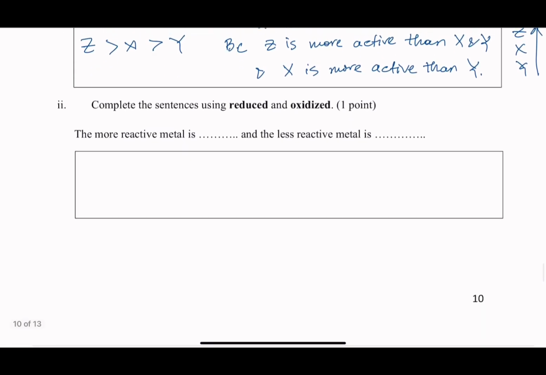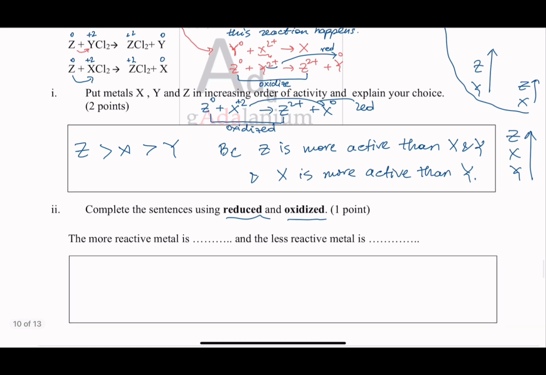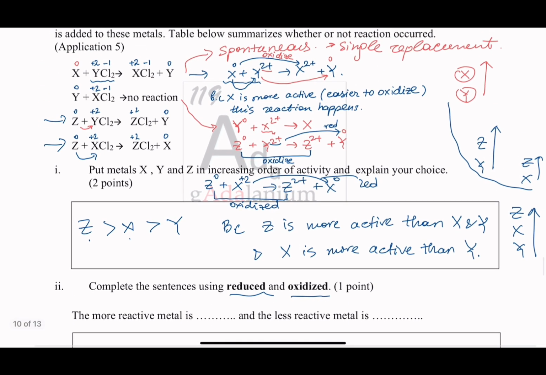In the second part, it's talking about completing sentences using reduced and oxidized. As you can see, because Z is more active than X, Z got oxidized in this reaction and this reaction. Because X is more active than Y, that's why X got oxidized.